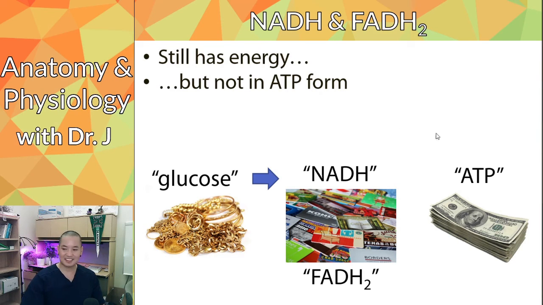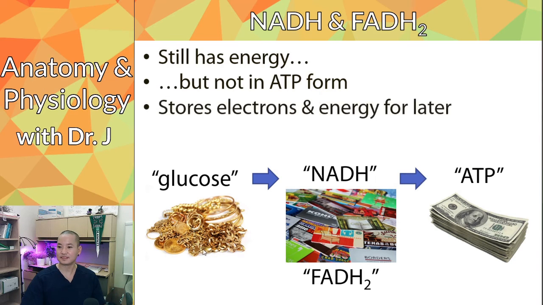But is this the most easily used form of energy? Not quite yet, but it is a very useful storage form. So this is the main purpose of NADH and FADH₂. They're a storage form for energy that your cells can use later.